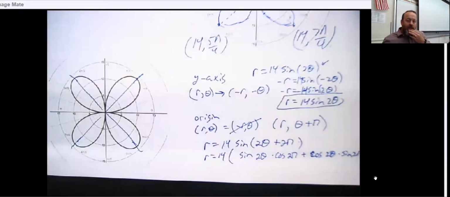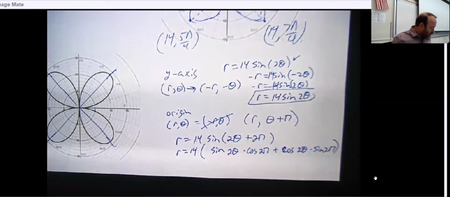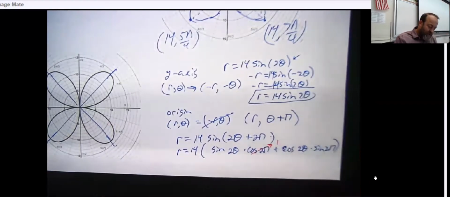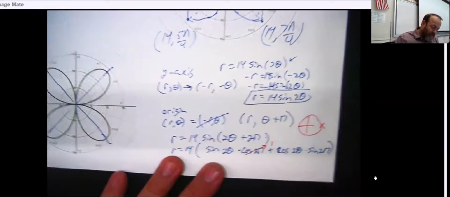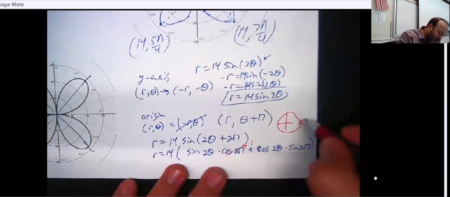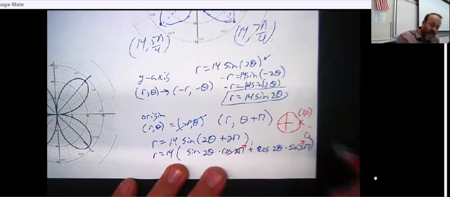Now that may look like it's an awful lot of work, but it turns out some nice things happen because on the unit circle, the cosine of 2 pi is identically 1. Because remember, that's going all the way around the circle. And the cosine right here at 2 pi is 1. But similarly, because the sine is the y value, remember this is the coordinate (1, 0), so the cosine is 1, the sine is 0.